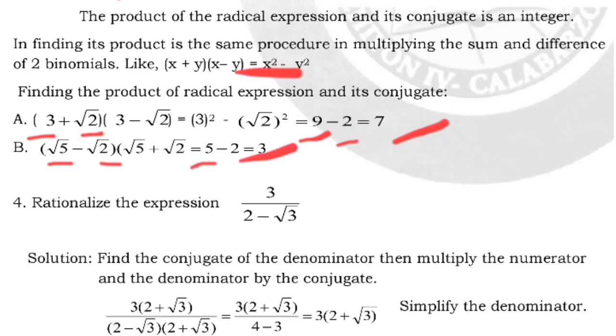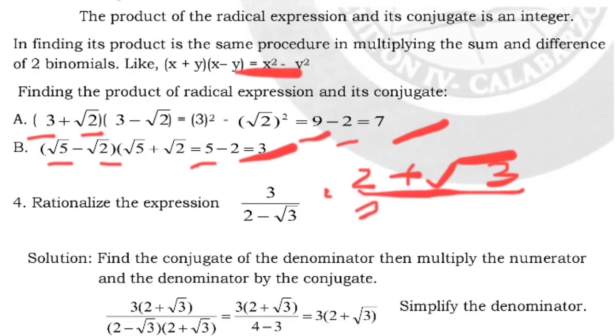So if we're going to rationalize the expression, 3 over 2 minus square root of 3, we'll just multiply by its conjugate. The conjugate for 2 minus square root of 3 is 2 plus square root of 3, so multiply 2 plus square root of 3 for the numerator and also for the denominator, 2 plus square root of 3.